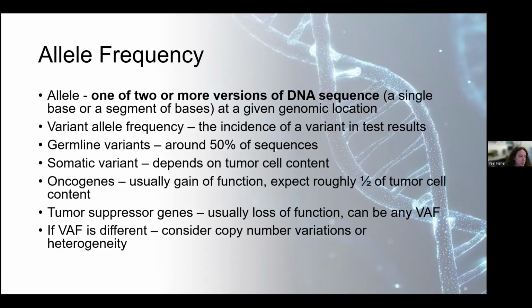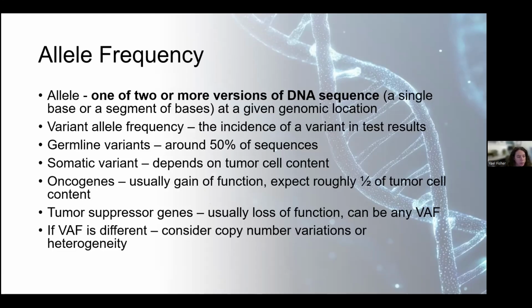In tumor suppressor genes, we'll usually see loss of function, and that can be in any variant allele frequency. Sometimes it would be in 50% of the tumor cell content. Sometimes it'll be in all the tumor cells.